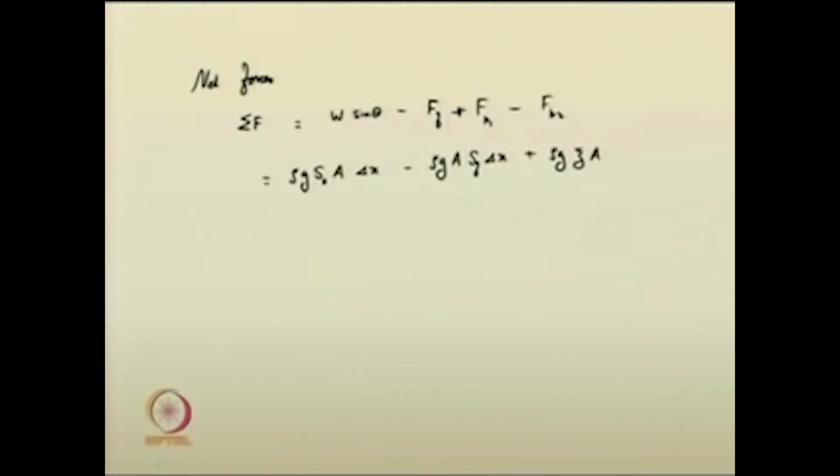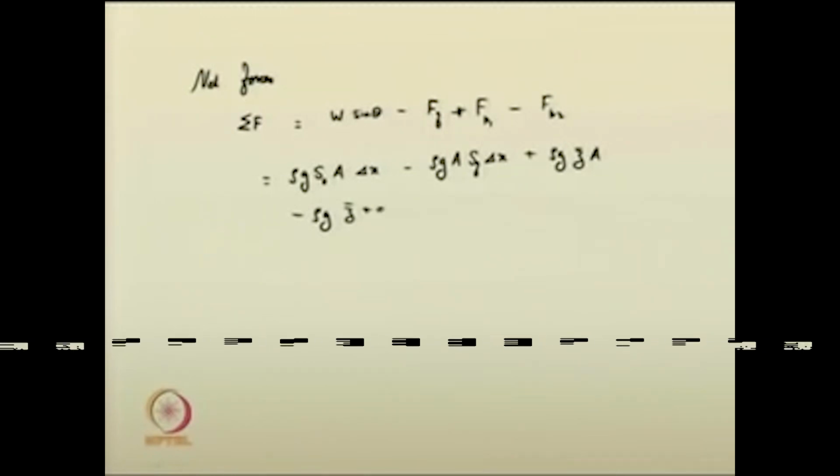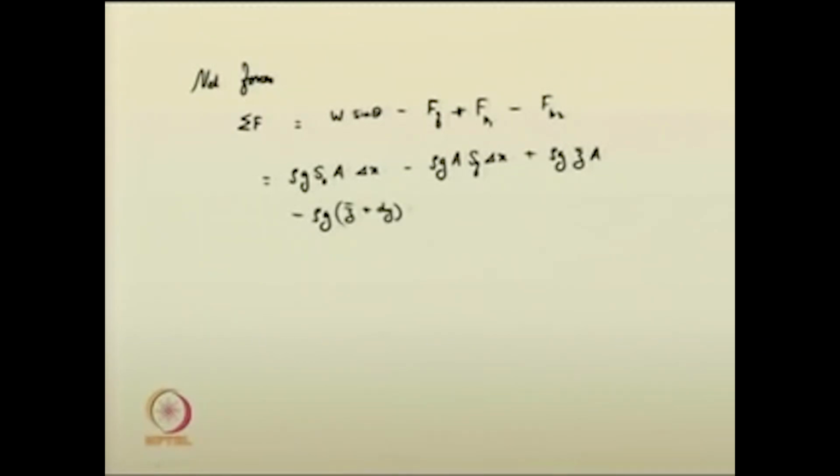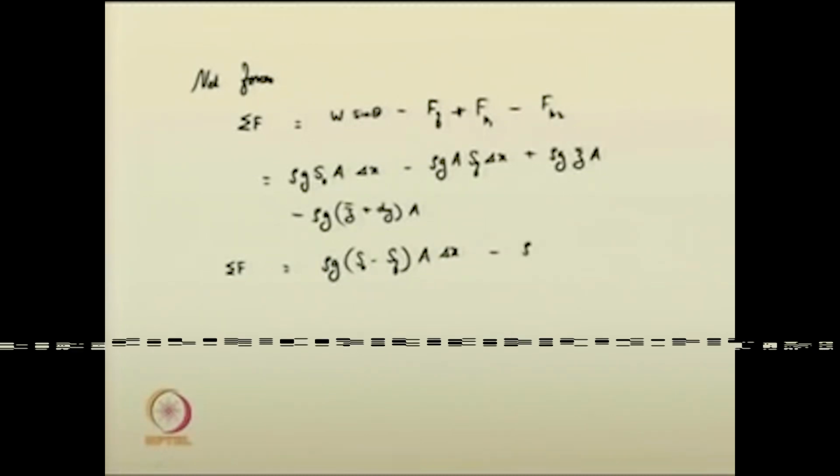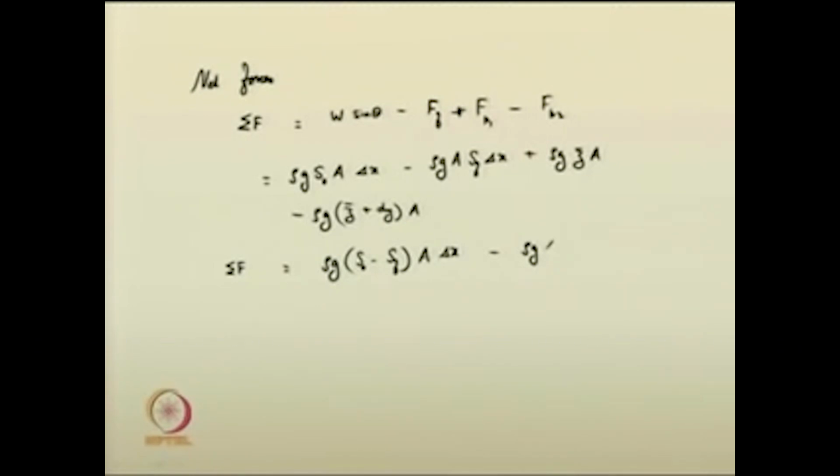If you look into F_P1 minus F_P2, this will be given by the following two terms, z bar plus dy, A. So, the net force sigma F is equal to rho g (S_0 minus S_f) into A into del x, minus rho g A into dy.